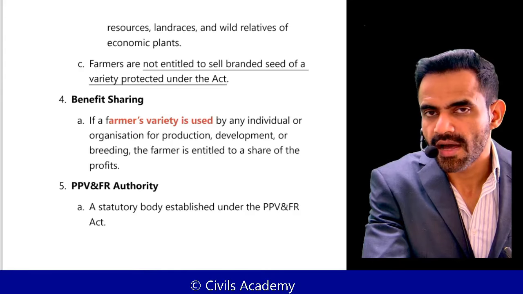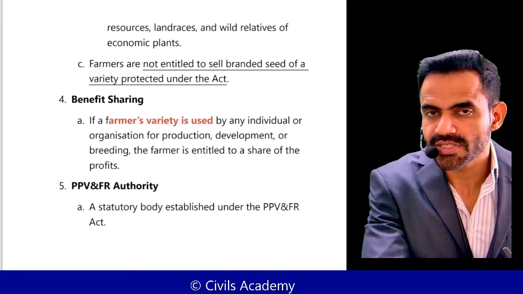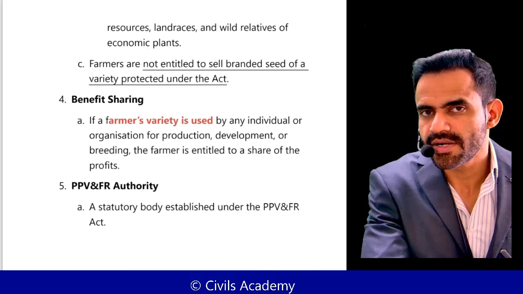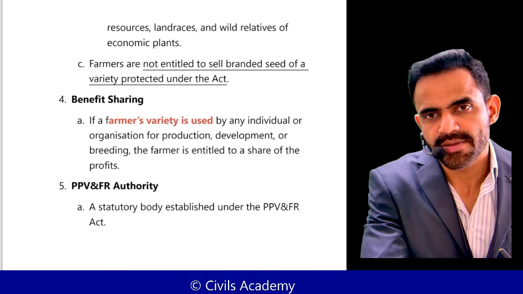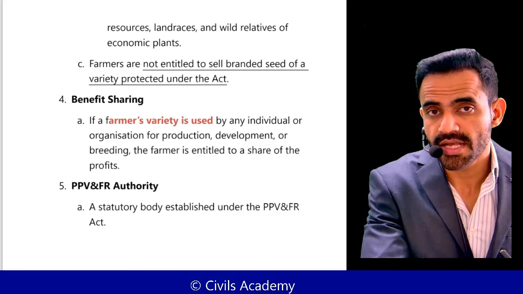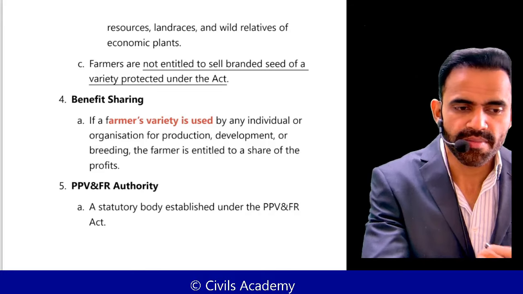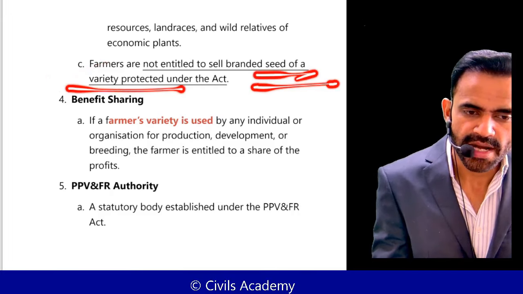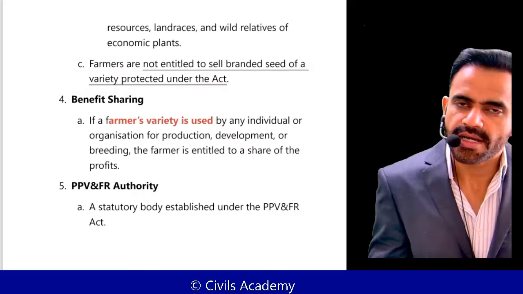And now, what if farmer starts selling those seeds? So that is something which is in conflict with the right of the breeder. Because when we discussed breeder right, we have said that breeder will have exclusive right to sell. But in this case, farmer is also selling. So that's why there was a problem, and that is why farmers are not entitled to sell the branded seed of a variety protected under the act.